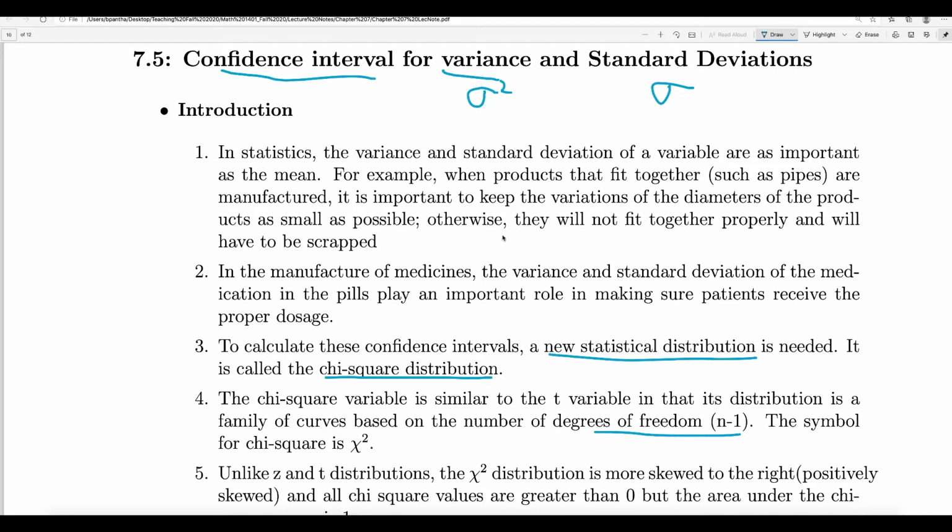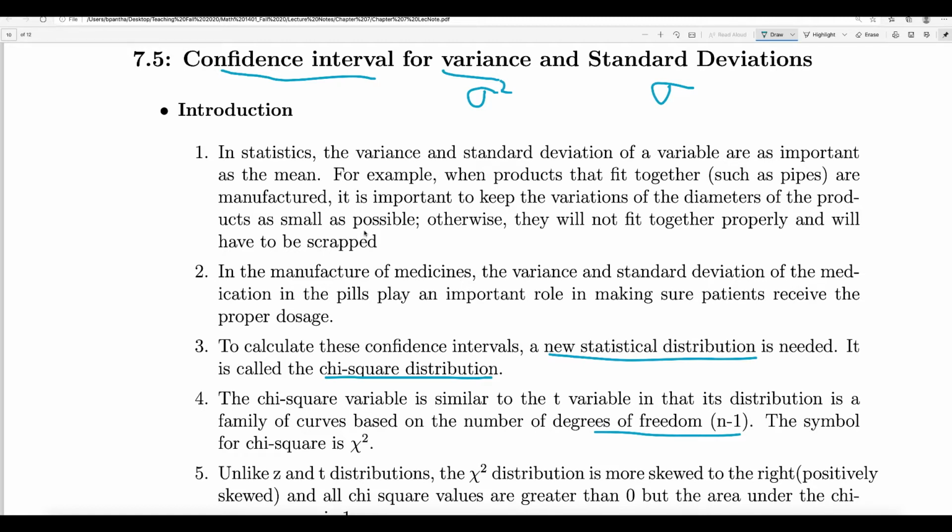For example, when products that fit together, such as pipes, are manufactured, it is important to keep the variations of the diameter of the products as small as possible, because even if all the pipes are made from the same machines, they may not be exactly 100% the same, okay?